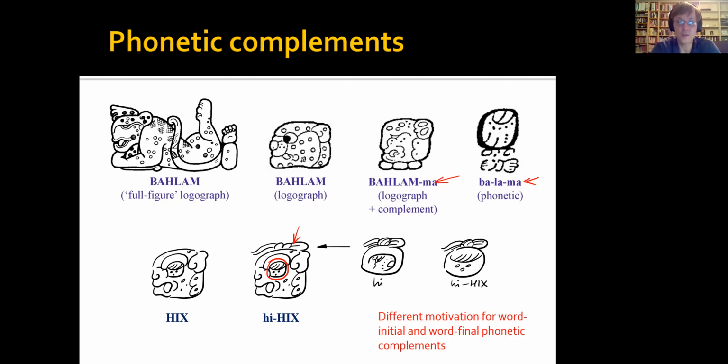So those initial phonetic complements appear in response to change or disappearance of the initial consonant or vowel, and that seems to be their function.